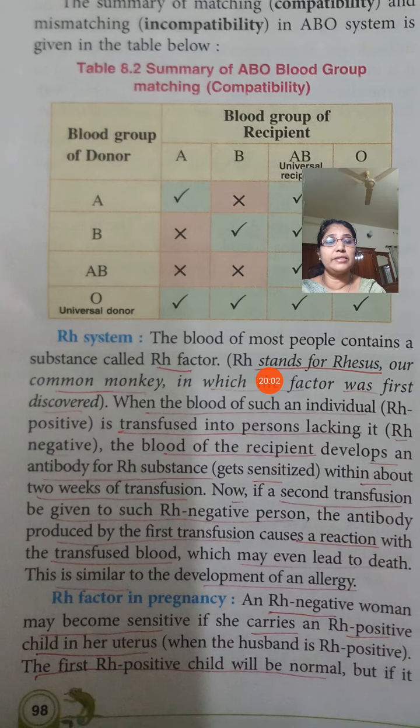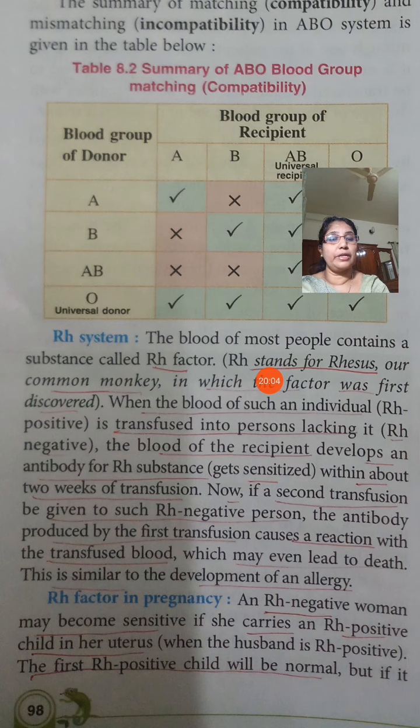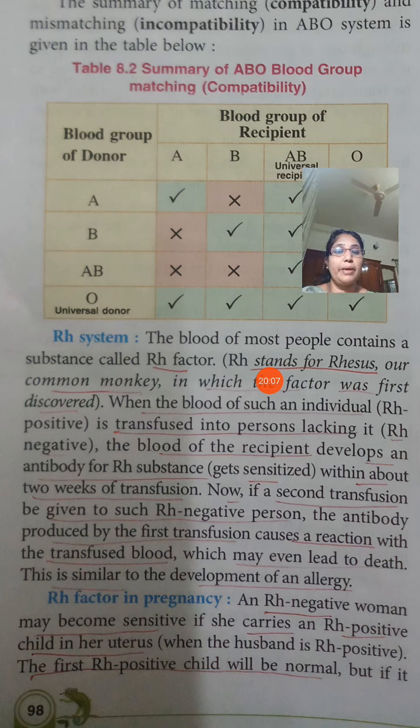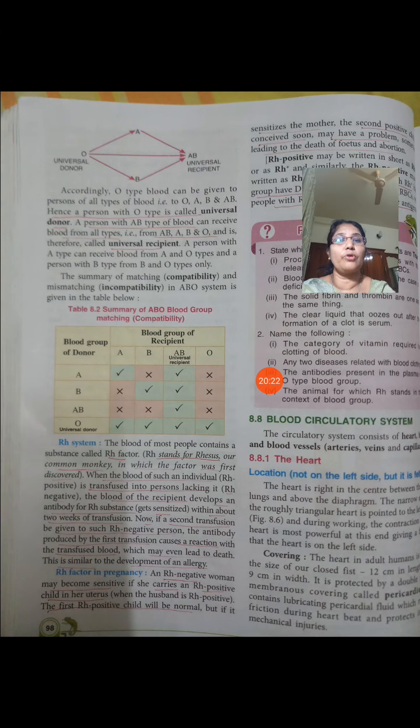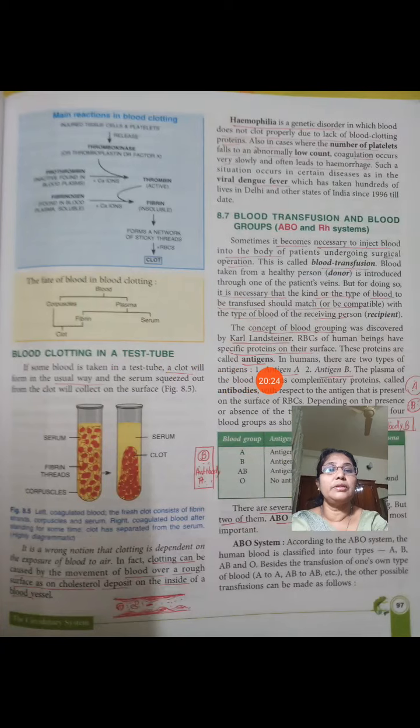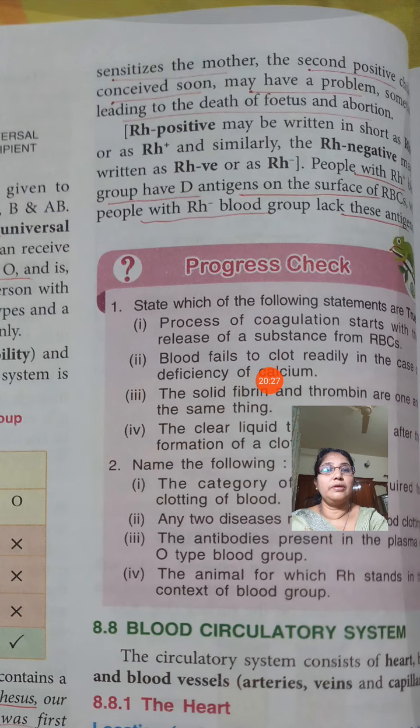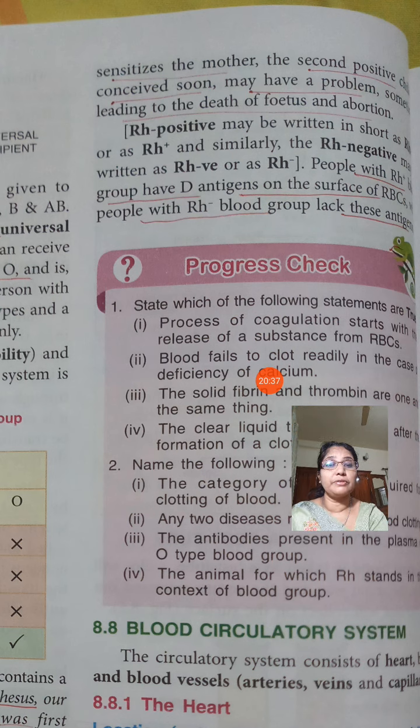In case of pregnancy also, it has certain importance. An Rh negative woman may become sensitized if she carries an Rh positive child in her uterus. When the husband is Rh positive, the first Rh positive child will be normal. Then at the time of delivery, sometimes blood vessels may break and the mother may be sensitized by the blood of the first child.